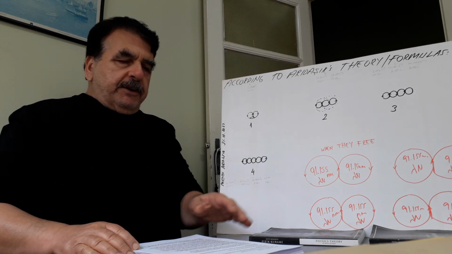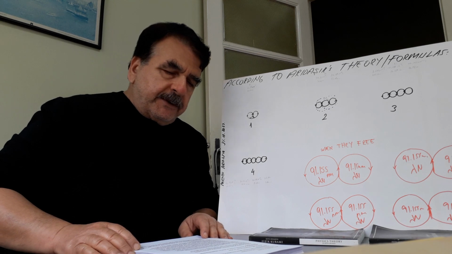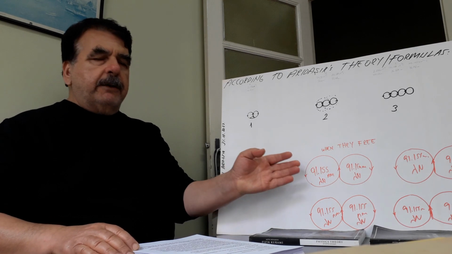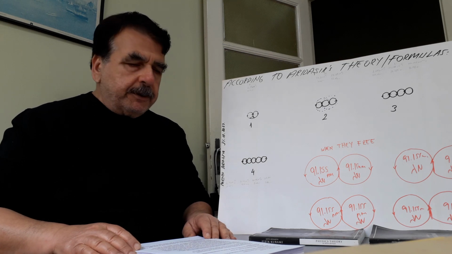The most common type of electron motion form in our universes is electron motion form with a wavelength 91.155 nanometer.